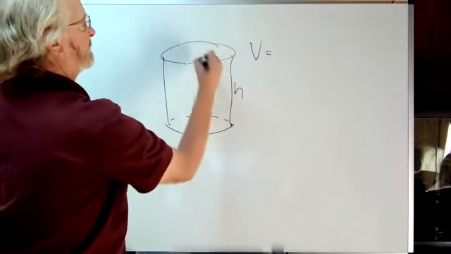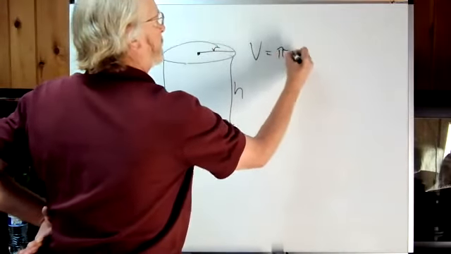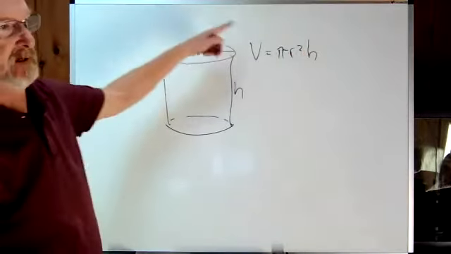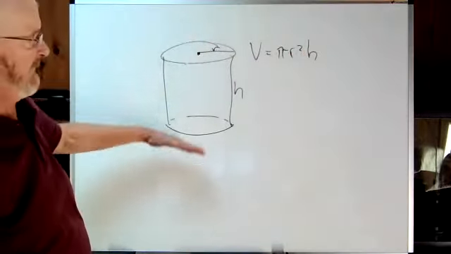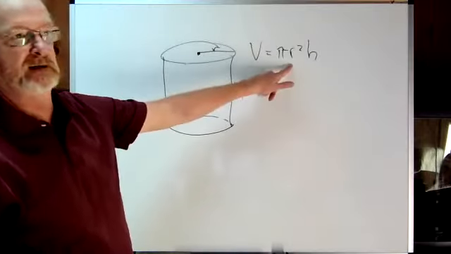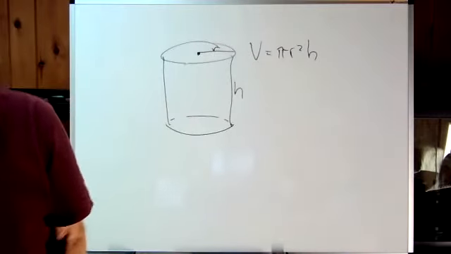So we'll need to know the height. We'll need to know the radius. Pi r squared, the area of the circular end, times its height, and that'll get you the volume. Just square the radius, but you're going to plug numbers into the volume, and that's on your formula sheet.